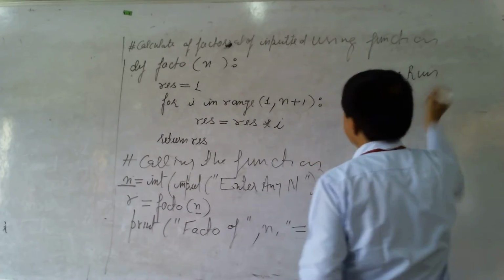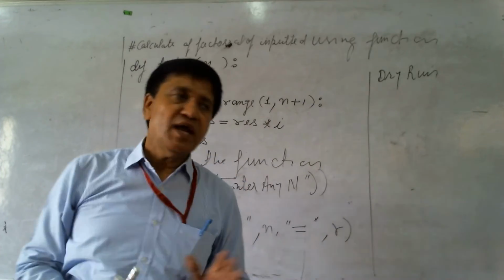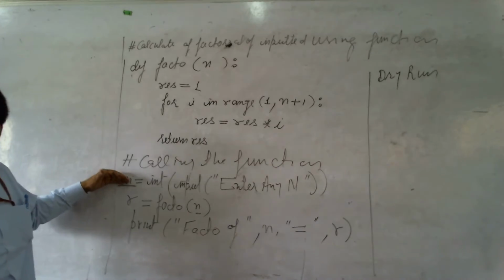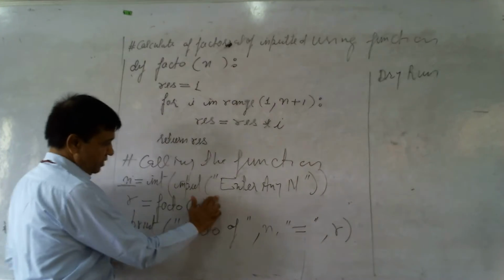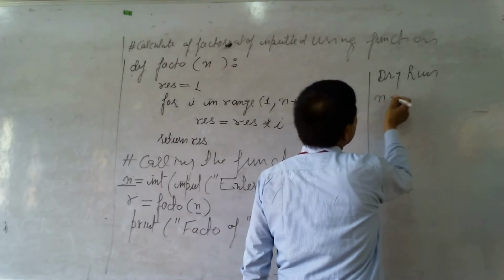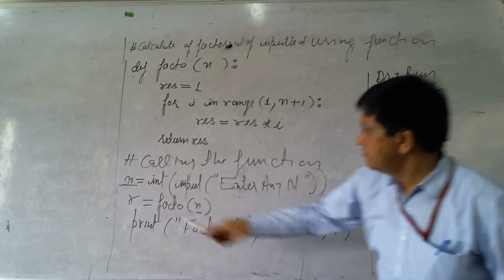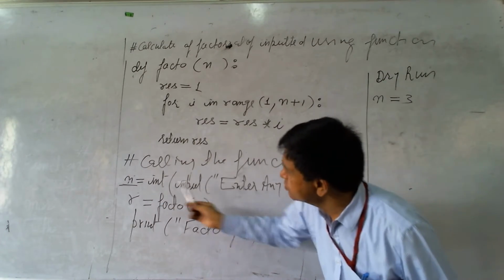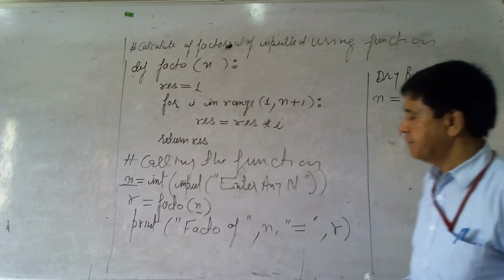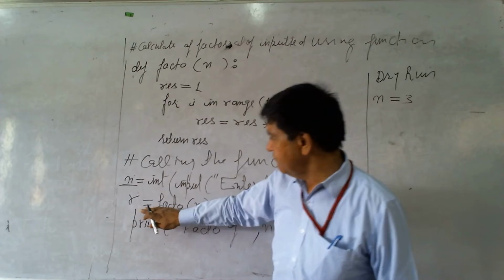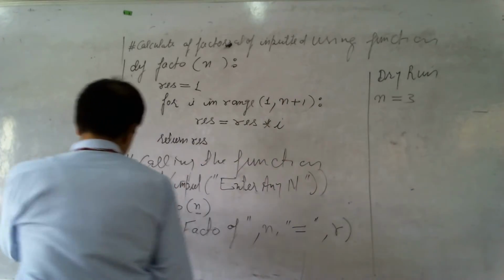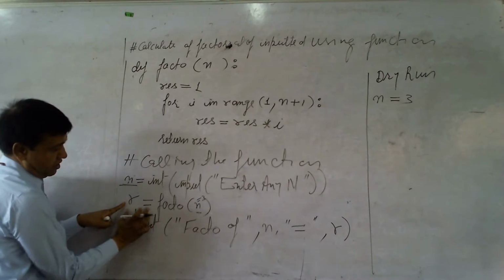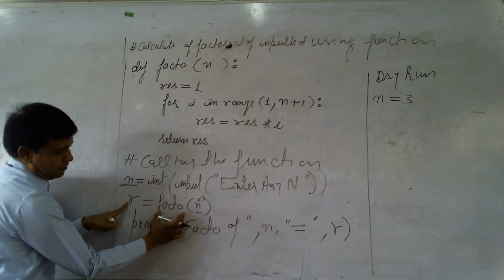See, when we execute the whole program, first of all this statement will be executed. For example, in this case I have inputted n equal to 3. When this statement executes, I assume that I have inputted n equal to 3. After this, the program will execute this statement, and see, I have taken n equal to 3, and this is the calling of the function.